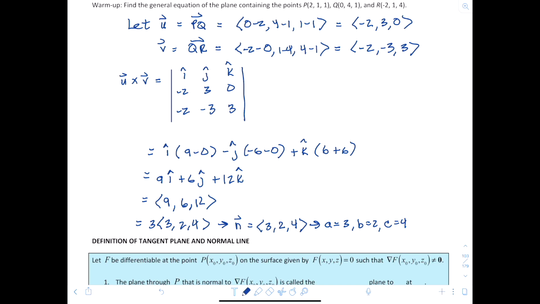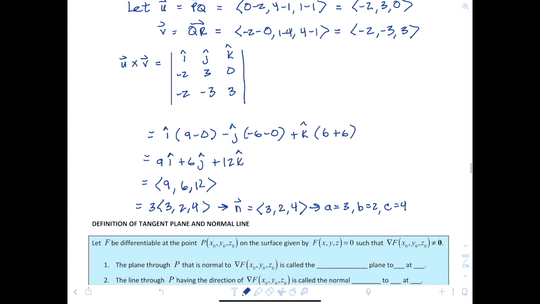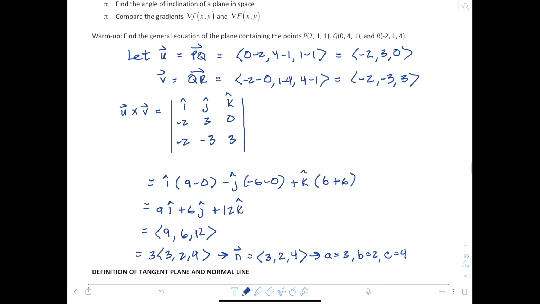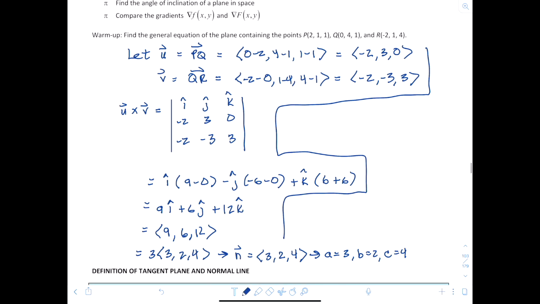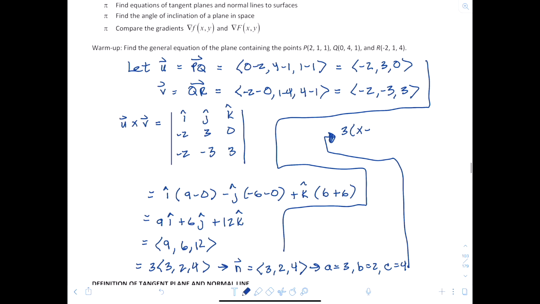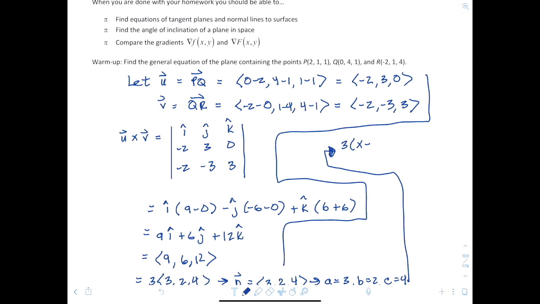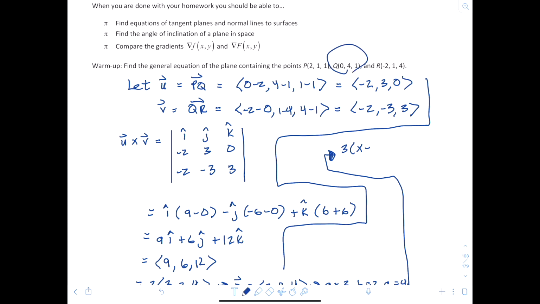So continuing with that, we will have 3 times x minus, you can pick any of the points to use, so we'll just pick point Q. It's got a 0 in there.